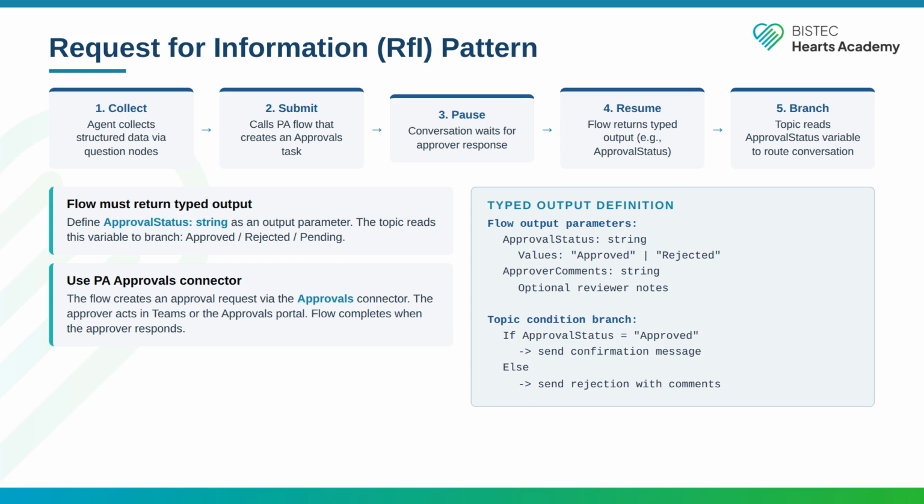Before integrating any approval flow, verify the output parameters in the flow designer. The DLP alignment requirement also applies here. If the approvals connector is in the blocked group in your environment's DLP policy, the RFI pattern cannot function. Verify DLP alignment before building this pattern in any environment.